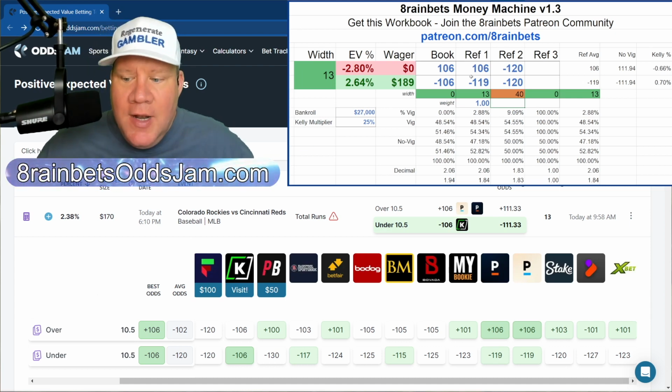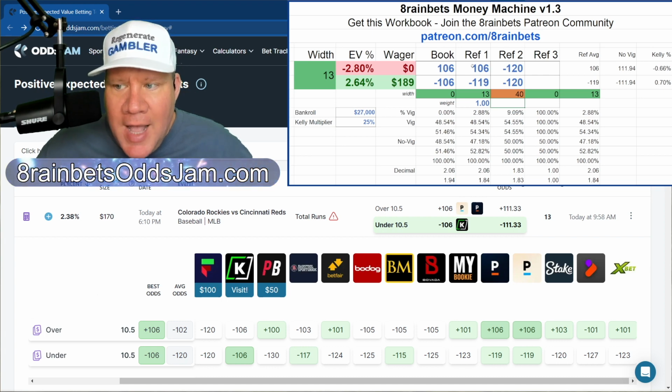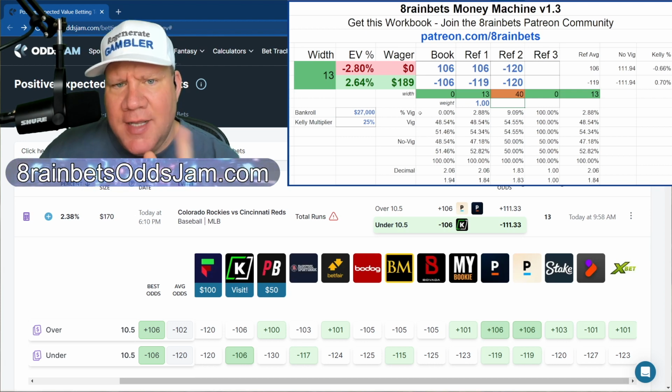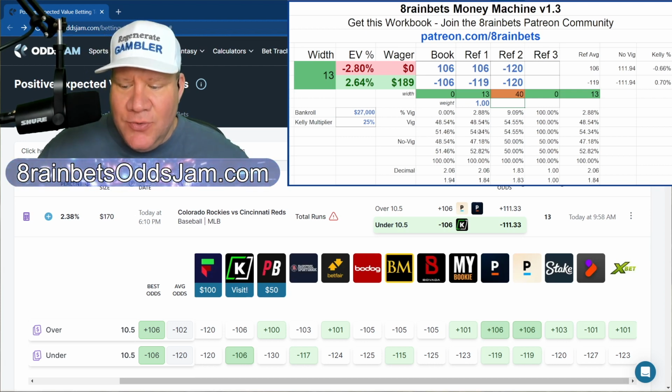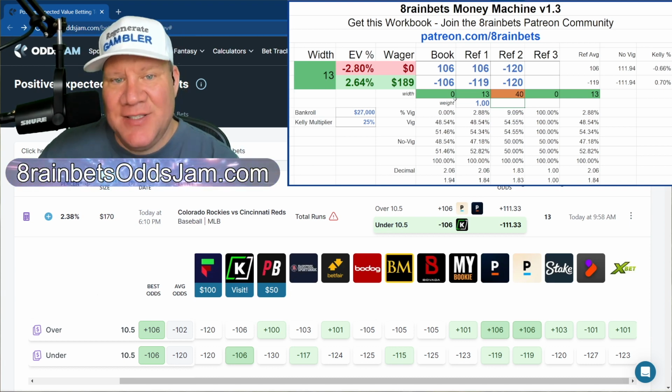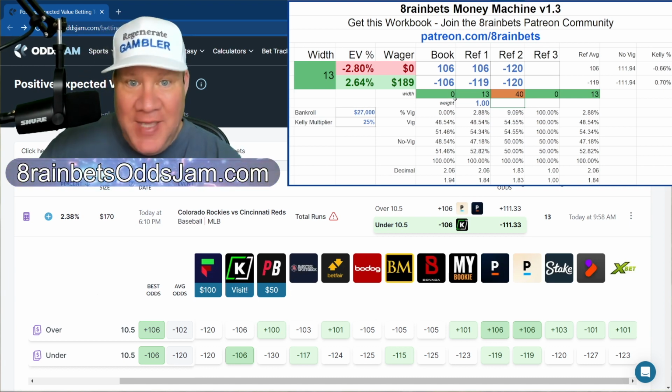Great. So on the Pinnacle side, with the odds, you can see 48.54% and 54.34%. And your math brain might be like, wait a second, that adds up to more than 100%. And it does. It adds up to exactly 102.88, and you can see 2.88 is the percent of vig that's been added.